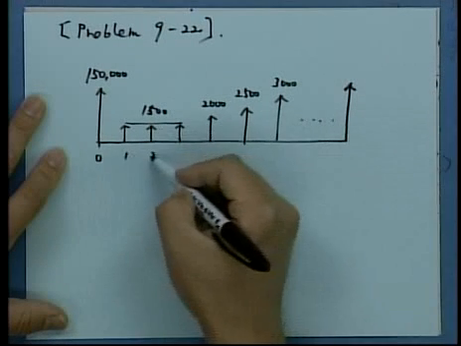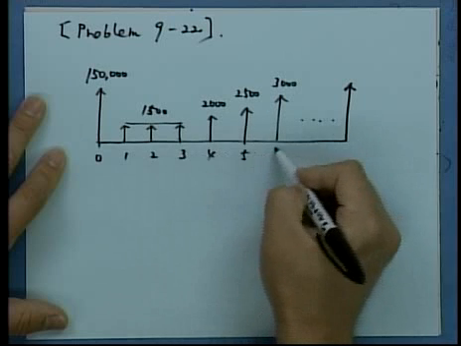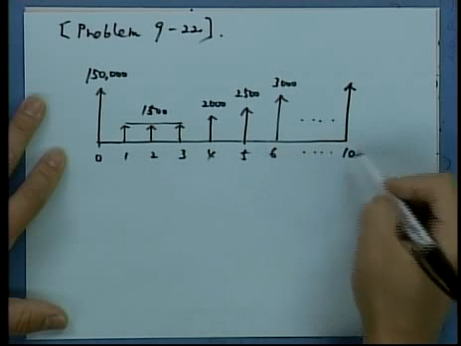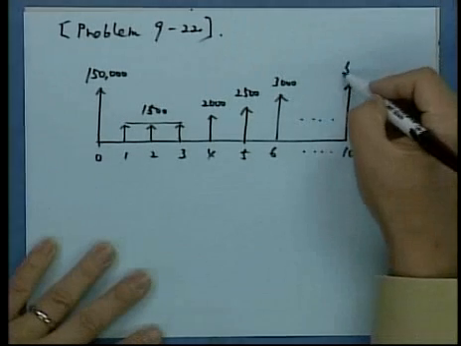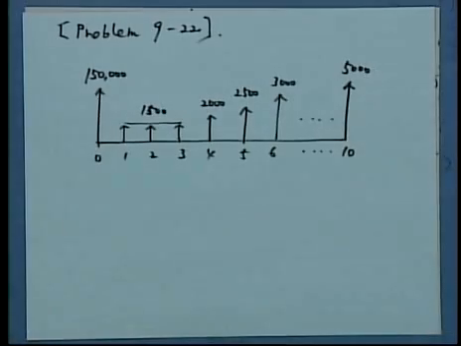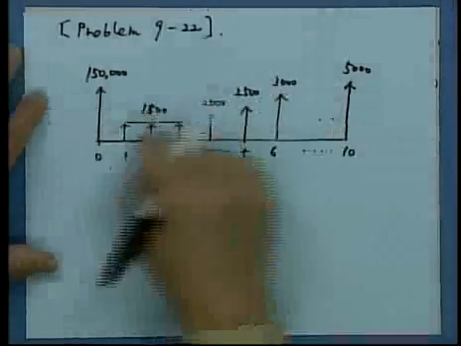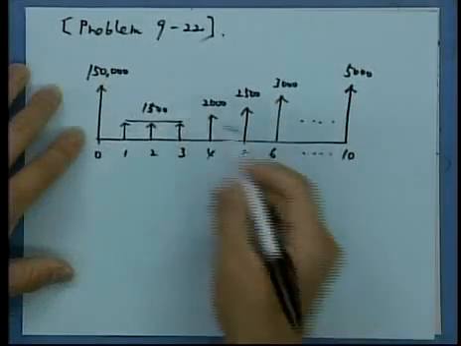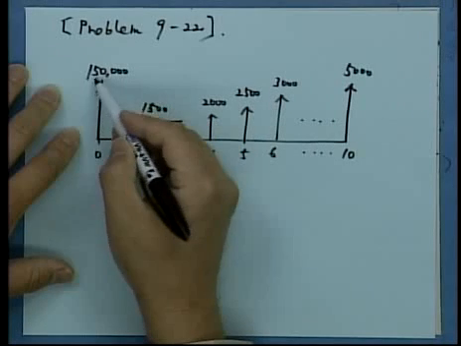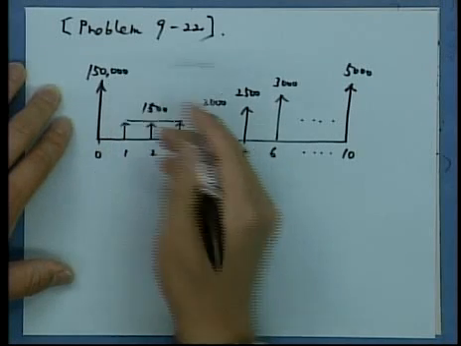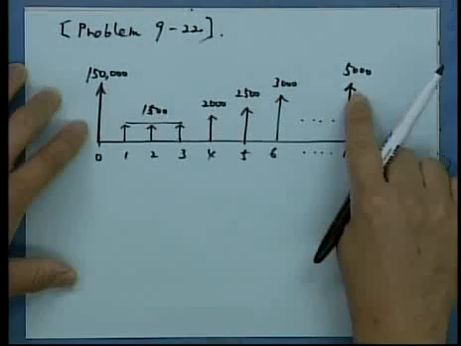And 1, 2, 3, 4, 5, 6, up until 10. So it becomes 5,000. Sorry, the cash flow diagram is not that accurate. Here, the initial purchase price of $150,000 would be a lot higher than this amount.